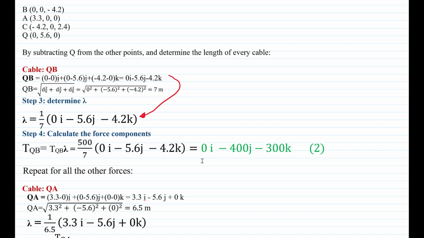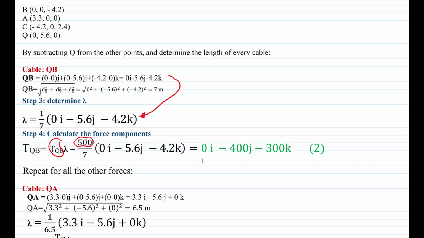Then the next step is what? To calculate the vector QB, which will be the value TQB multiplied by the lambda vector. So the value is the 500, it was given 500. So this TQB is given, which is 500. And then what we have? We have the lambda vector, which is 1 over 7.